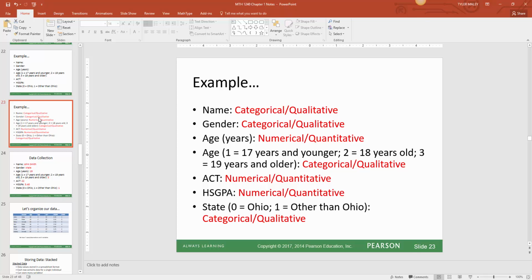The age in years would be an example of numerical or quantitative data. But the age as listed with the 3 groups would make it categorical or qualitative. And then ACT would be numerical or quantitative data, same with high school GPA. But lastly, the state variable would be categorical or qualitative data.